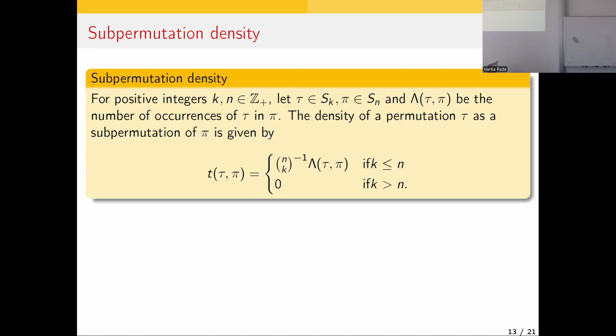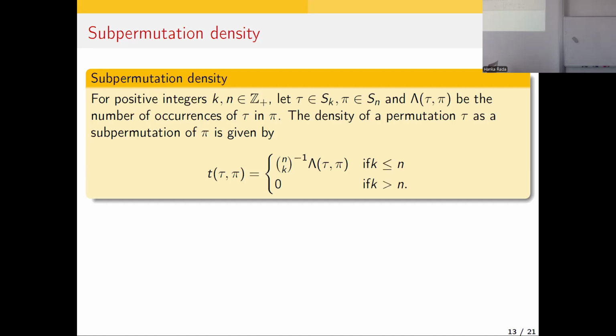The density of a permutation tau as a subpermutation of a permutation P is the number of occurrences of tau in P divided by the number of ways to choose k points.